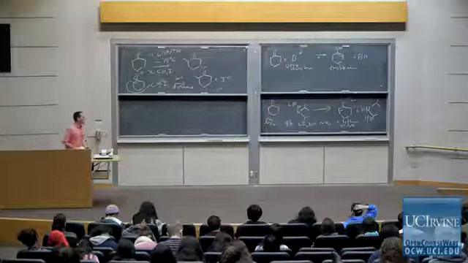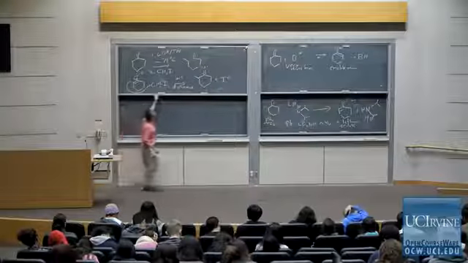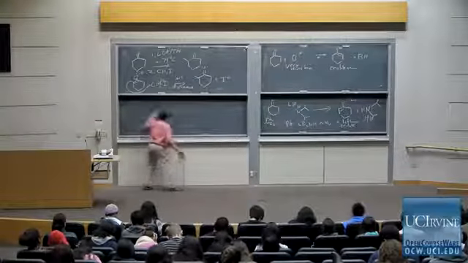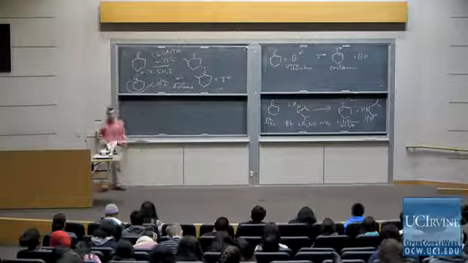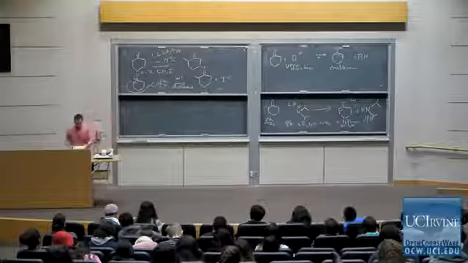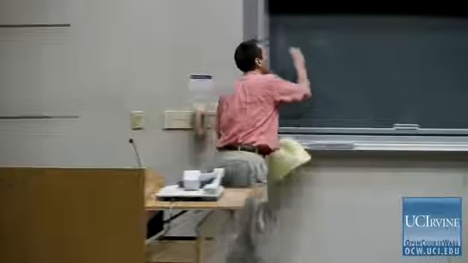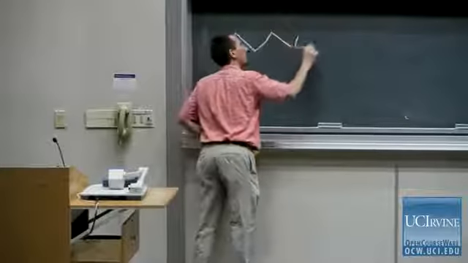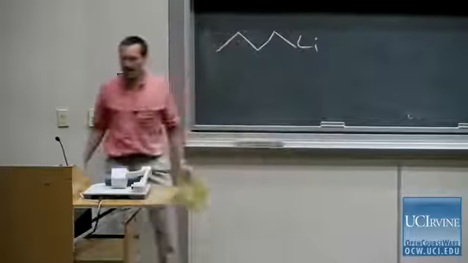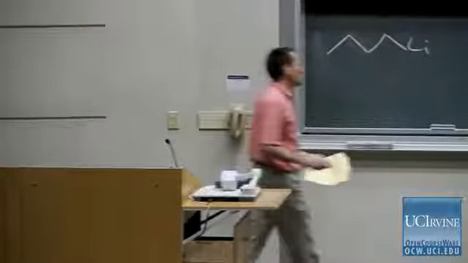Most of the time, organic chemists don't go ahead and buy lithium diisopropylamide. We typically make it by acid-base chemistry. N-butyllithium is widely available. It's the most common alkyl lithium, widely used.